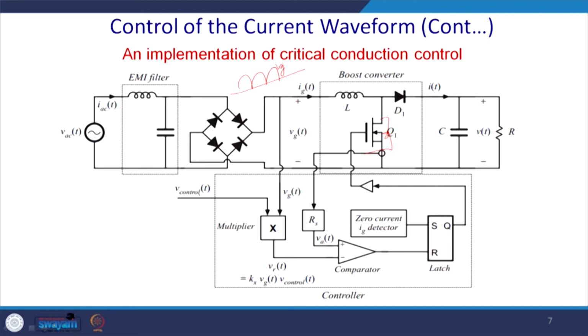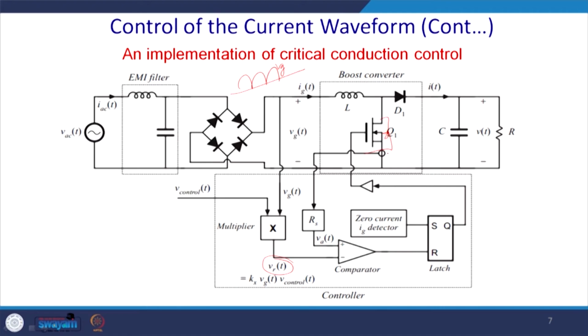V control takes care of whether there is a voltage sag or swell, anything that we multiply, and ultimately you get VR. Once you multiply, you can say that it is a function of Vg plus Kx into V control.